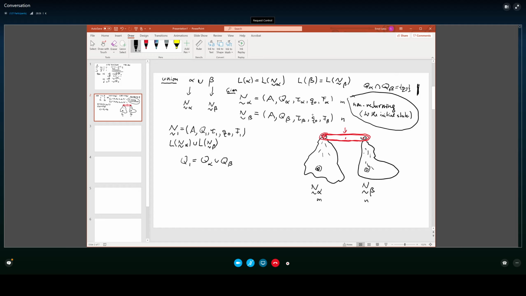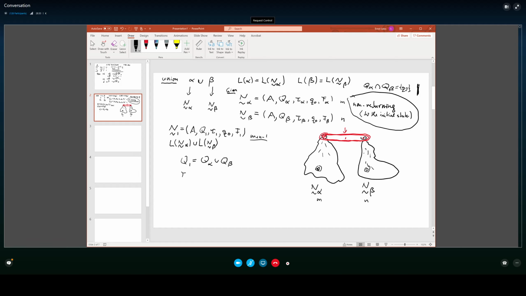And so that merger of the two initial states of the two original automata is going to result in the fact that this new automaton has M plus N minus 1 states. So that is the definition of Q1.